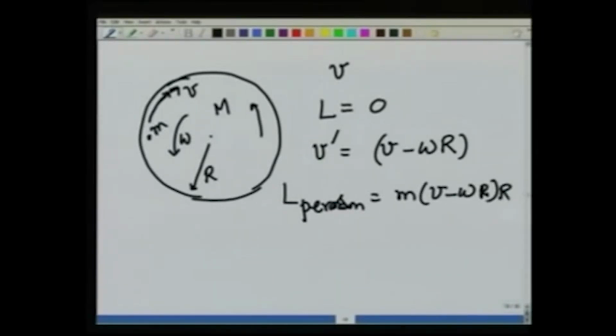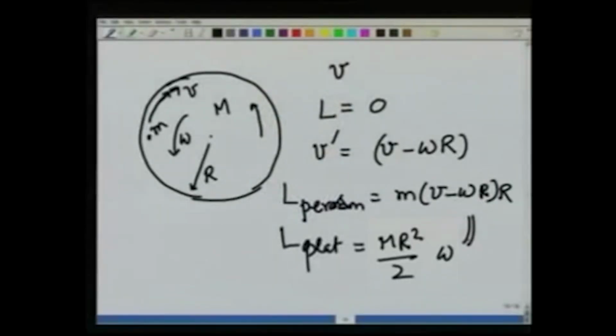On the other hand, the angular momentum of the disk in the opposite direction is going to be MR square by 2 times omega, because this platform is like a disk, and the two should be equal in magnitude because they are opposite in direction, so that the net angular momentum is 0.